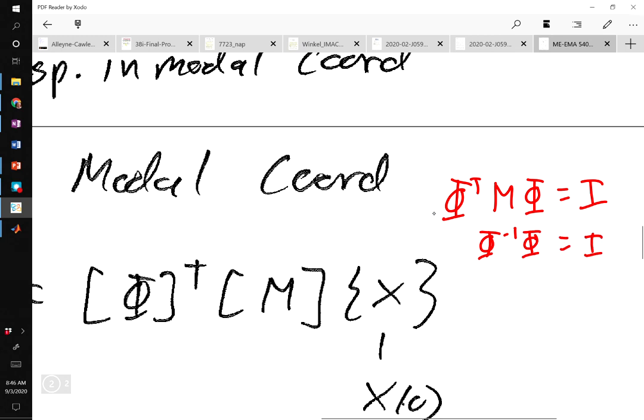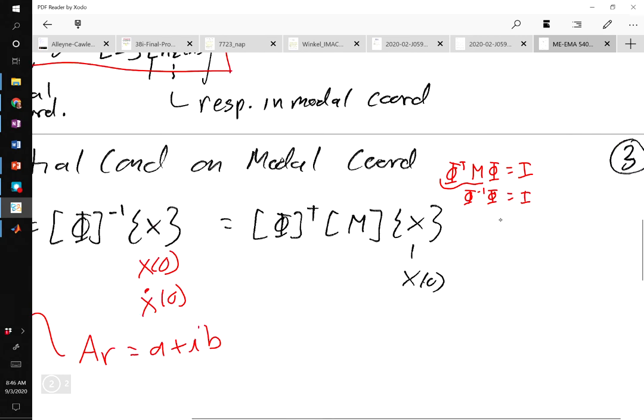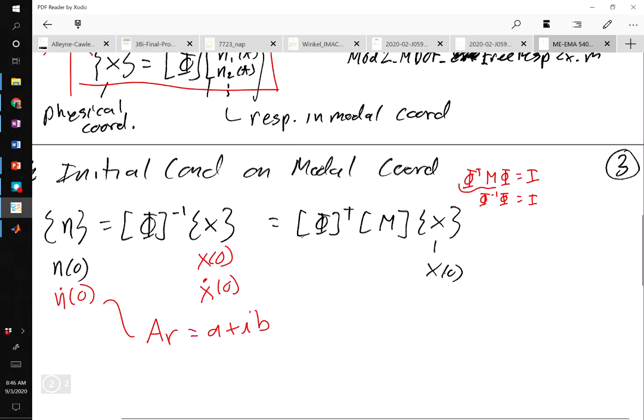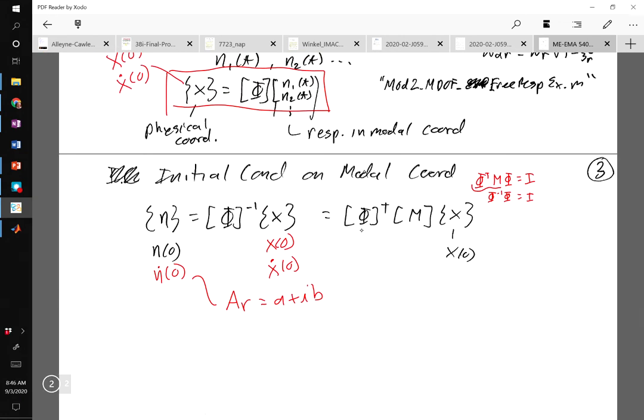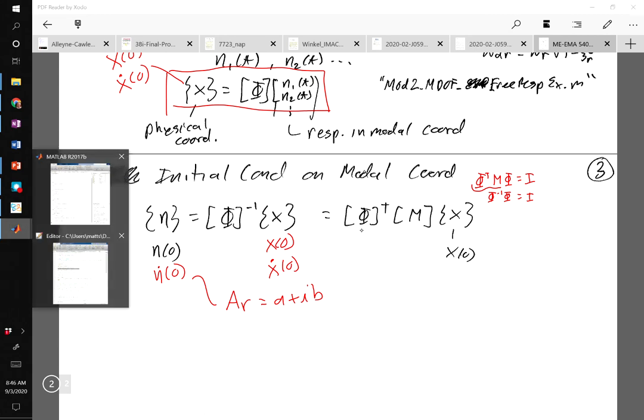So by inspection, this has to be the inverse of phi. So we can actually avoid calculating the inverse and just use phi transpose m to get that. So we can use this to solve the problem.